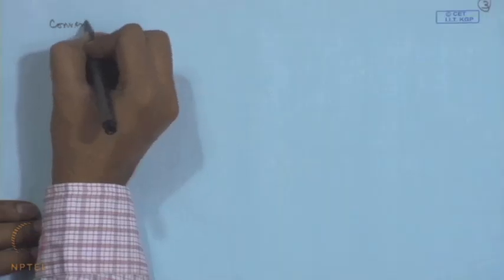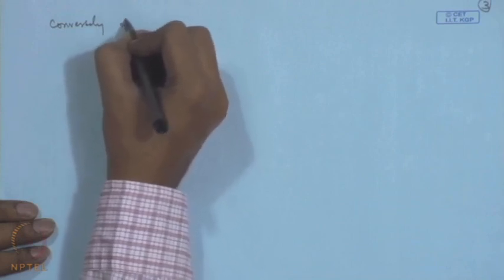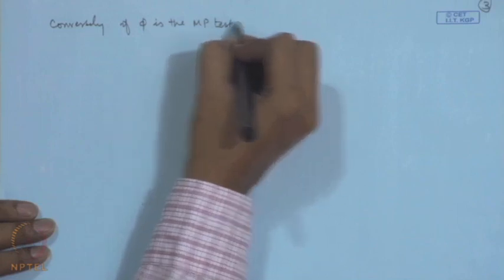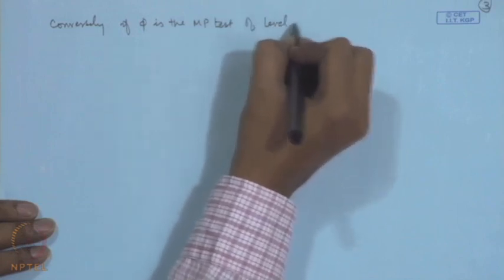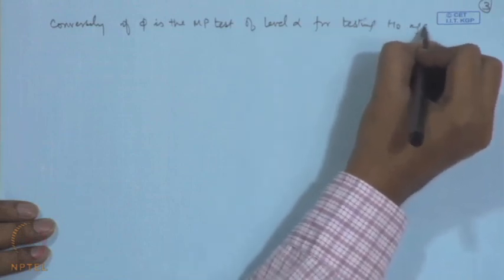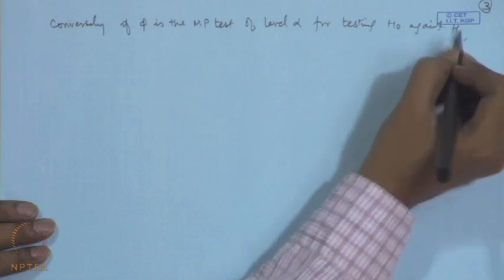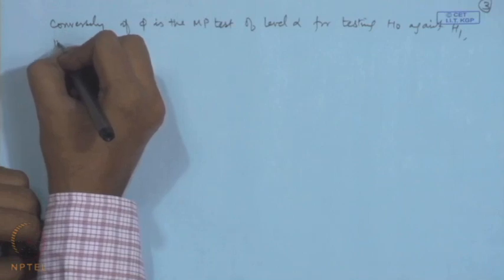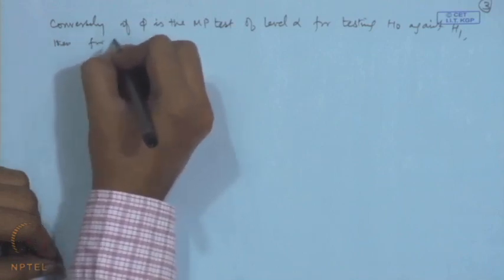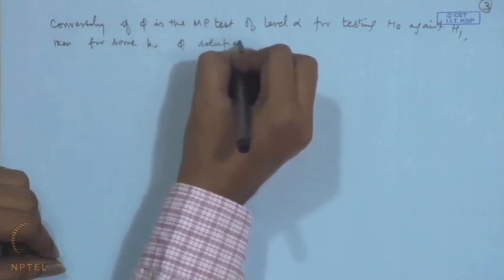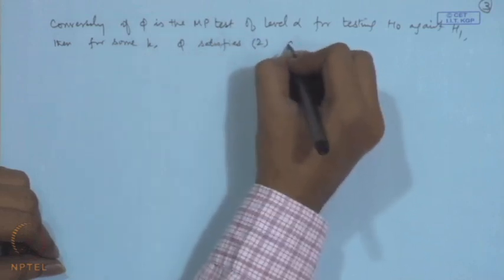conversely. Conversely, if phi is the most powerful test of level alpha for testing H naught against H 1, then for some k phi satisfies the condition 2 almost everywhere.